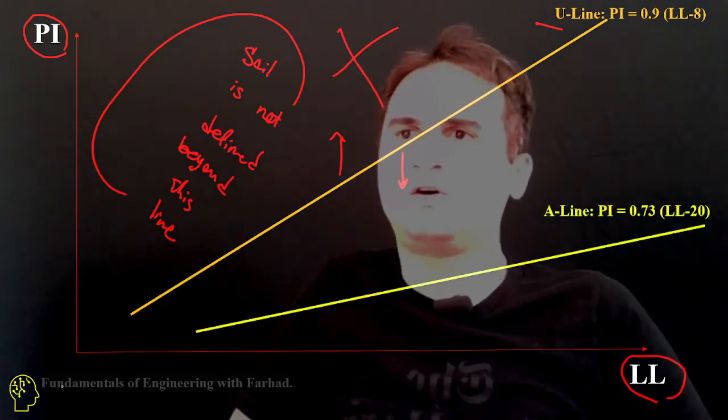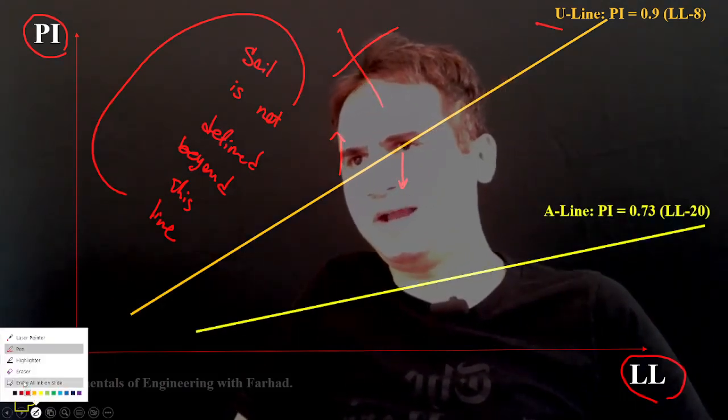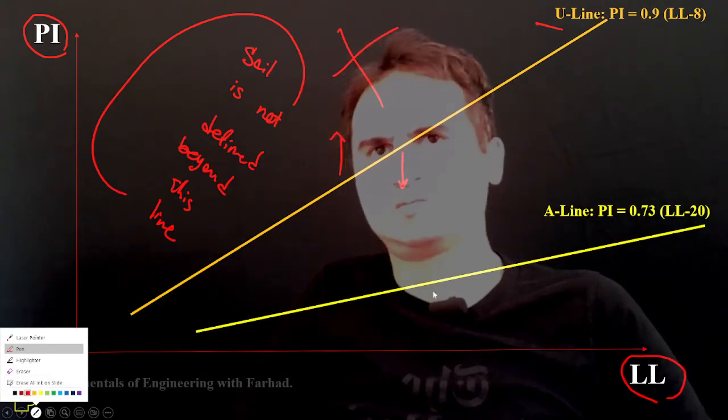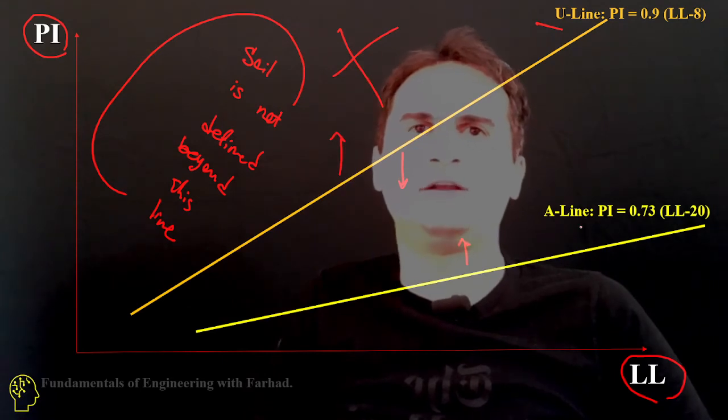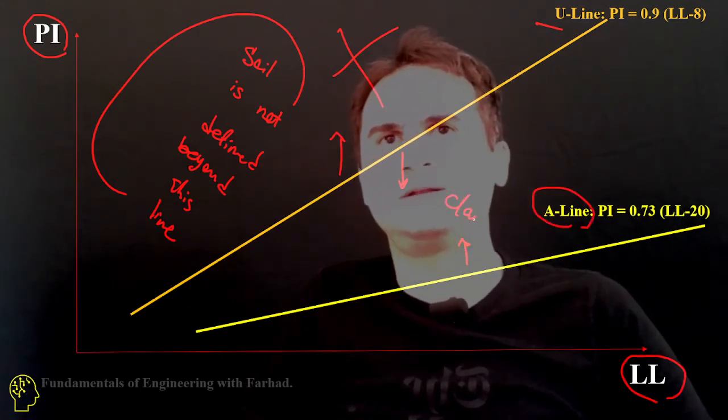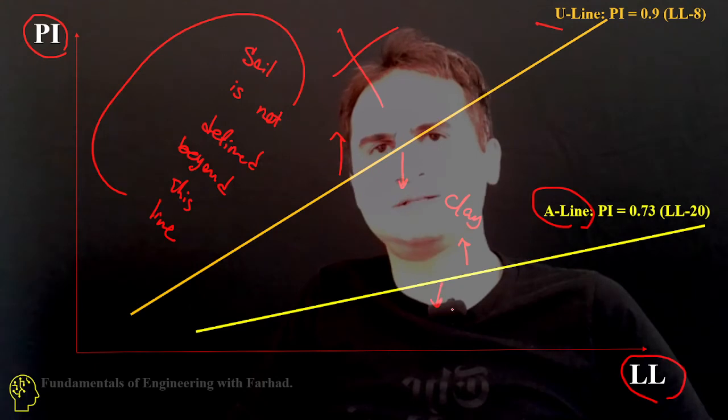And the other one is considered the A line, where above the A line is clay soil, and below this line is silt.